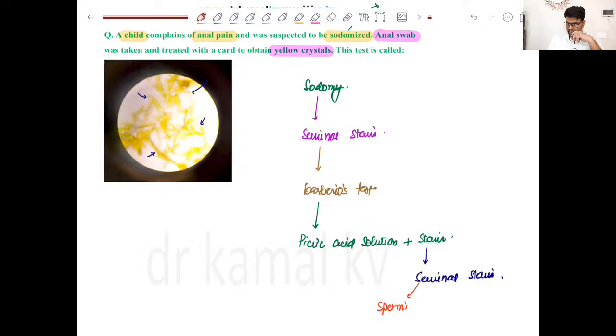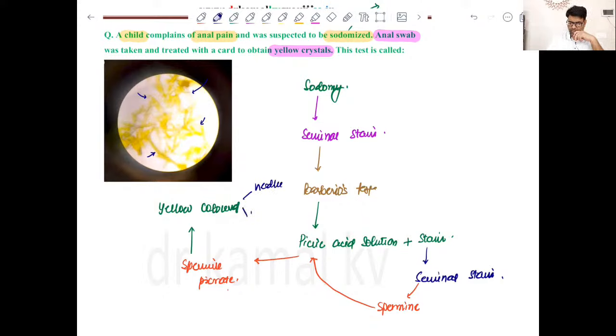Now this spermine will react with picric acid, and it will form the spermine picrate. And this spermine picrate will appear as yellow colored, needle shaped or rhombic shaped crystals.